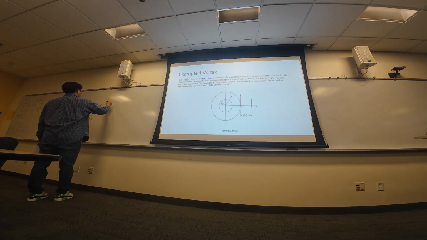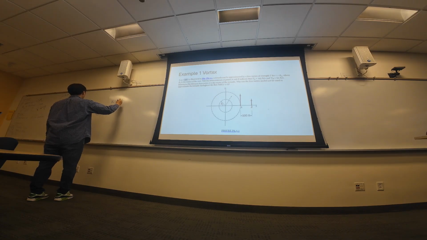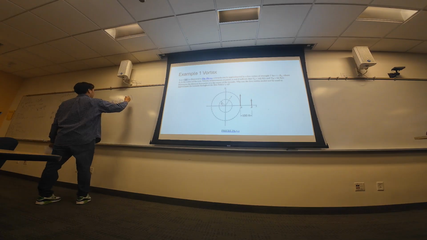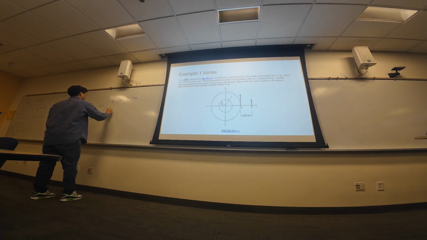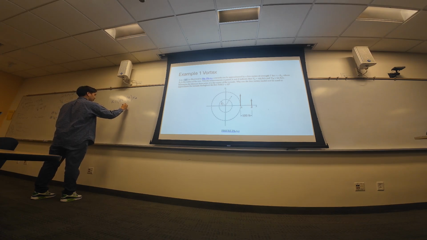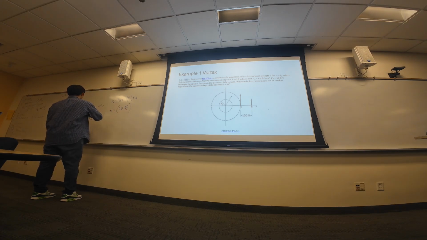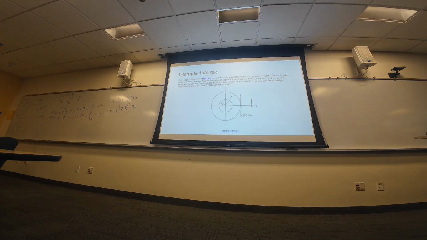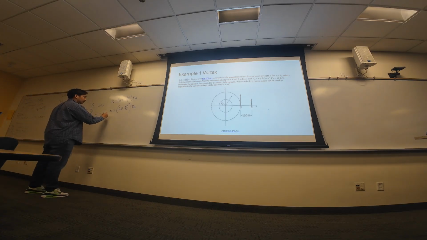So let's solve for K. K is equal to 125 feet per second times RA. This K is equal to 60 feet per second times RB. And then these two values are equal, so you can set these two equal to each other.